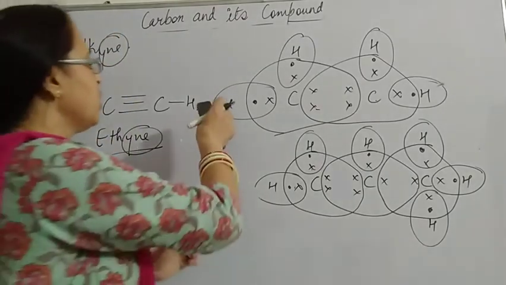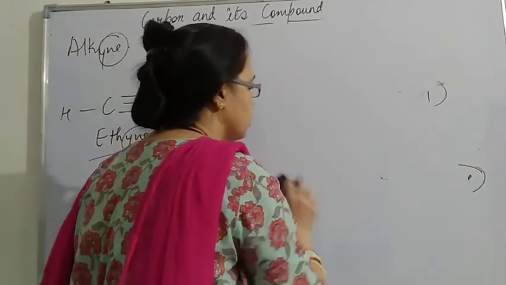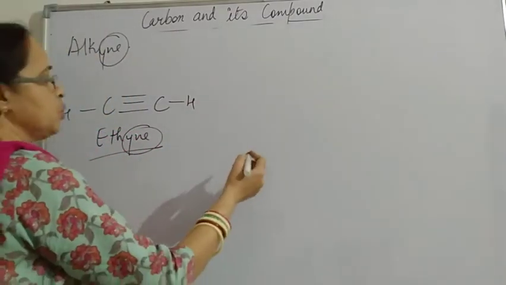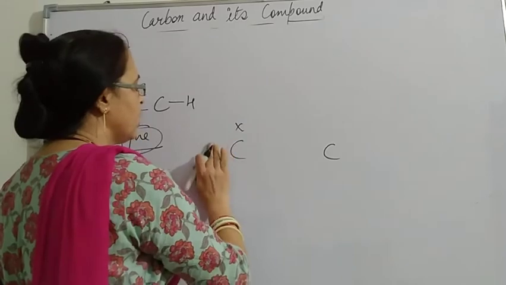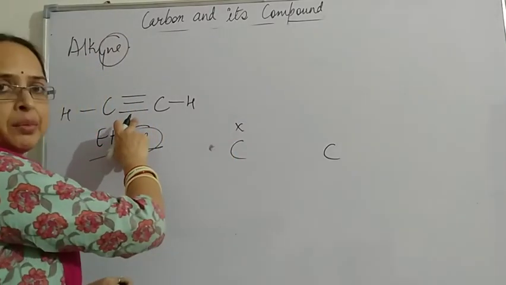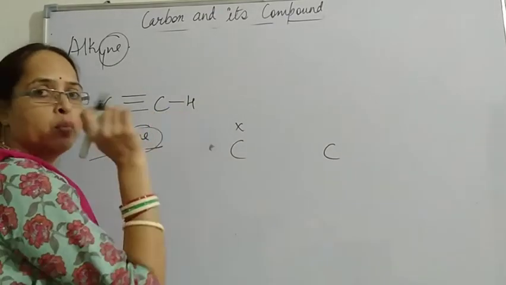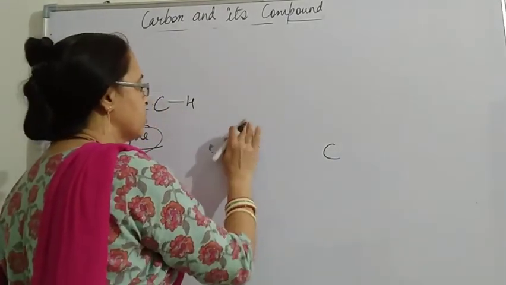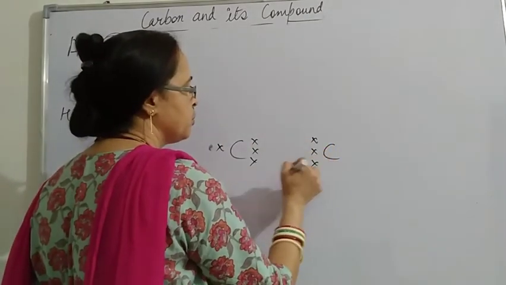Okay. So now when we draw the electron dot structure of ethyne, it is also very easy, very simple. 2 carbons are there. We'll take the 2 carbons. And here we know that 3 pairs of electrons are shared, because for one bond, 1 pair of electrons. So 1, 2, 3, and here in this way 1, 2, 3.